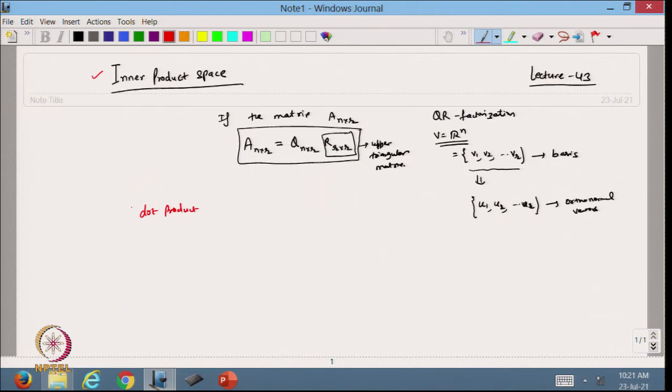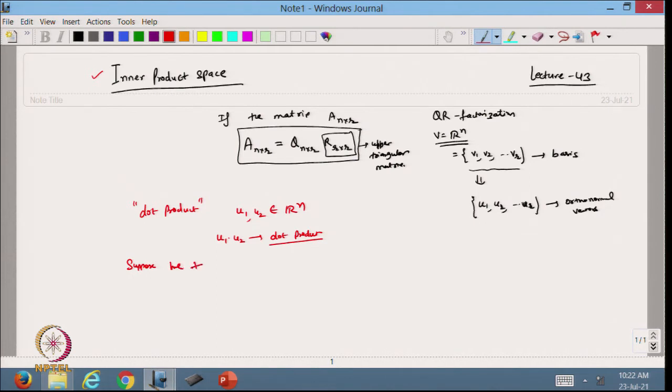Suppose we have vectors u1 and u2 belonging to some vector space R n, then we have defined u1 dot u2, the dot product, because using this dot product only we are able to tell whether these vectors are orthogonal or not.